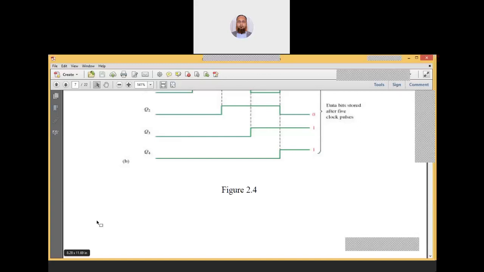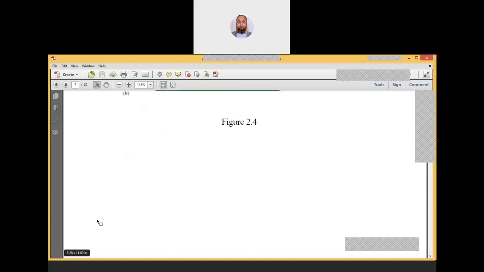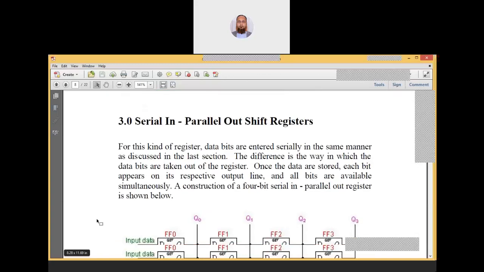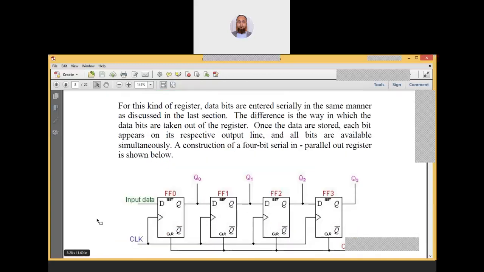The registers can work in two ways: we can insert the data serially and take the data out serially, or we can insert the data serially but take the data out in parallel. We have seen both types of shift registers. This is a circuit diagram for serial input data, and we are taking the parallel output.